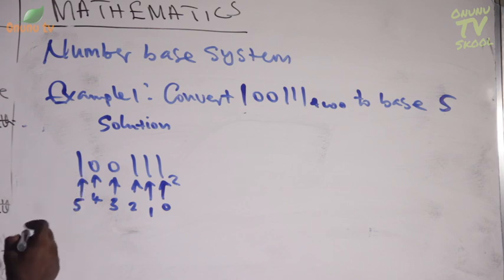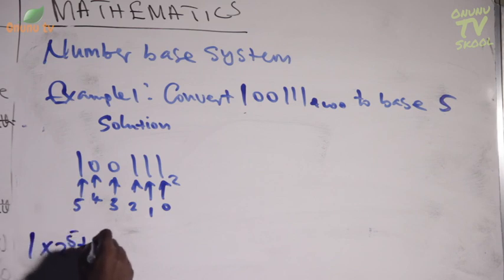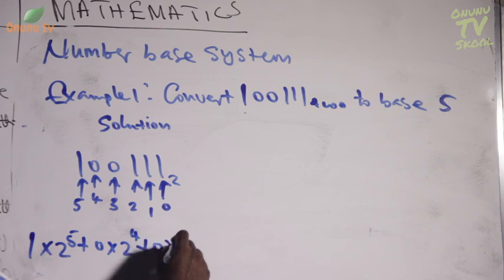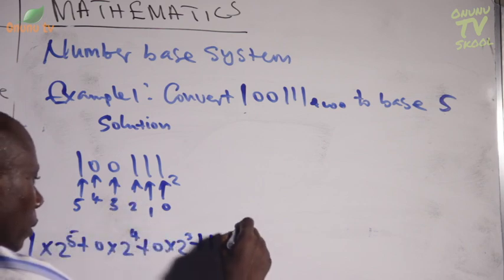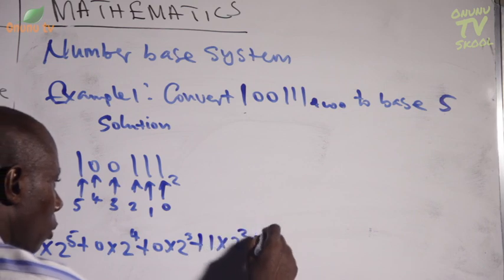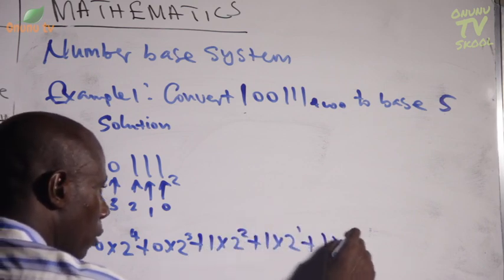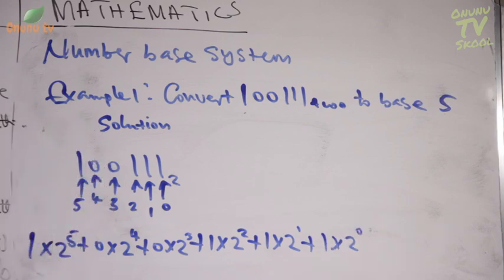Now, converting this, we have 1 times 2 raised to the power of 5, plus 0 times 2 raised to the power of 4, plus 0 times 2 raised to the power of 3, plus 1 times 2 raised to the power of 2, plus 1 times 2 raised to the power of 1, plus 1 times 2 raised to the power of 0.